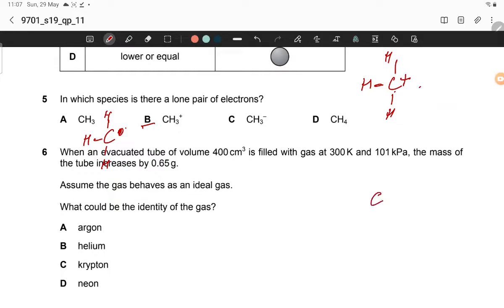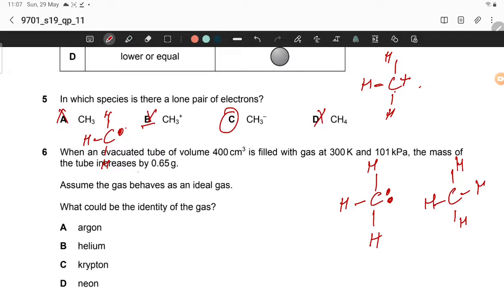And CH3 negative has one lone pair of electrons. So this is the correct option, and CH4 has no lone pair of electrons. This is incorrect.